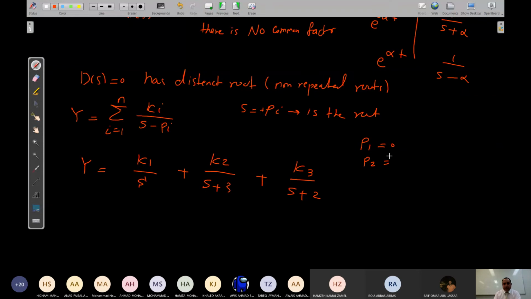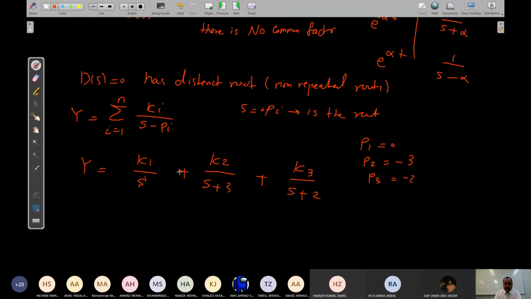So here, P2 equals minus 3, correct? P3 equals the third root, which equals minus 2. So if you plug this in, it will be K1 over s, K2 over s minus (minus 3), and K3 over s minus (minus 2), correct?